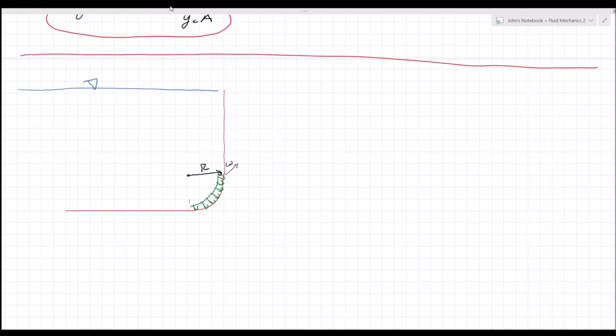Alright, so here I shall be doing the example part of it. So here I have a wall with a curved surface at the end, and it has a radius r. I want to find what's my hydrostatic force and where is the center of the force located, or center of pressure located. So let's find that out.